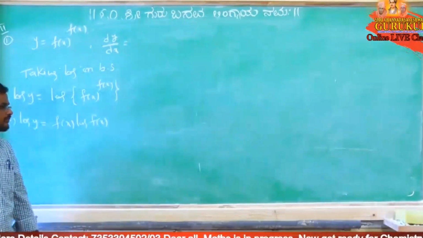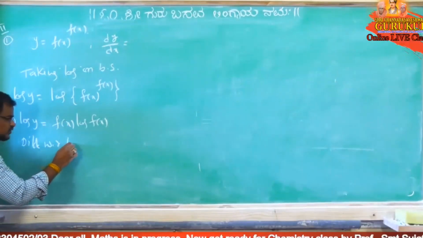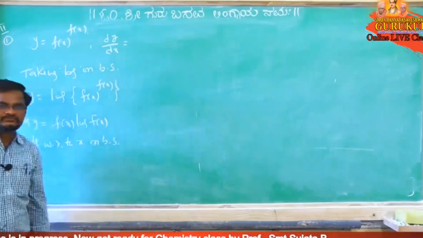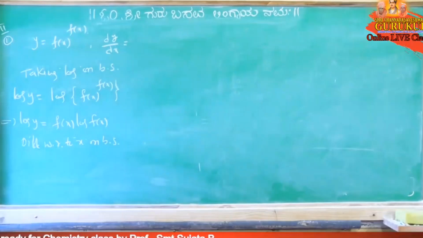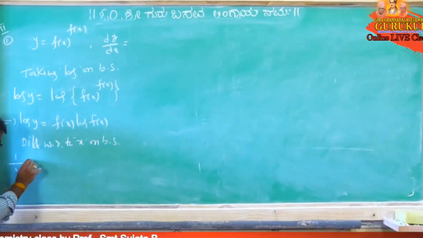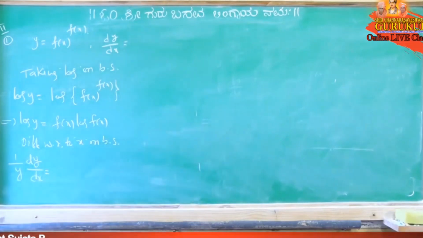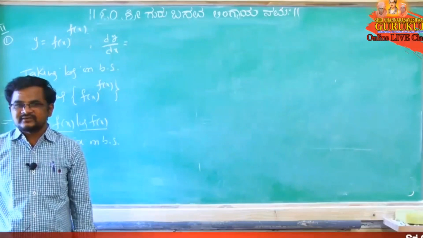Now differentiating with respect to x on both the sides. So differentiation of log y is 1 by y dy by dx equal to, so this is the first function and this is the second function.